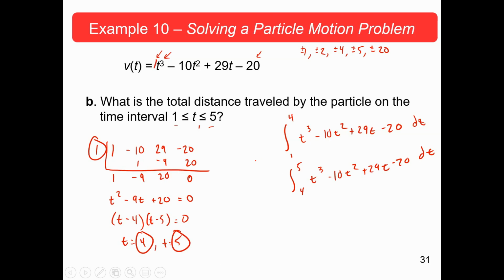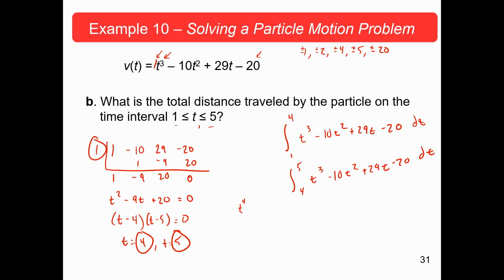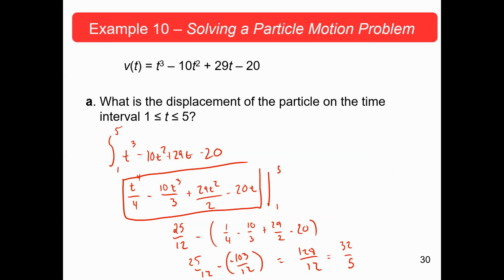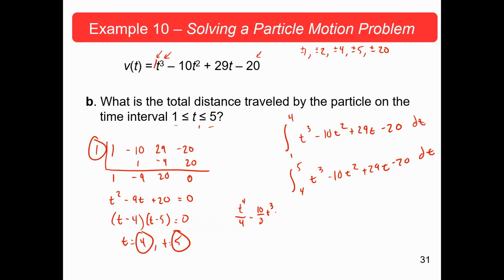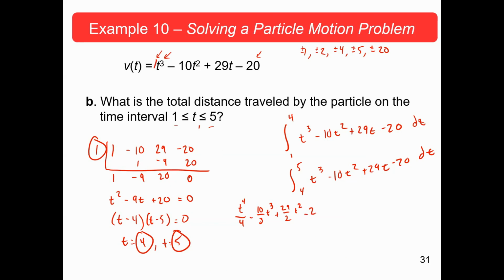So I'm going to rewrite that. T to the 4th over 4 minus 10/3 t cubed plus 29 halves t squared minus 20t. And I'm going to evaluate that from 1 to 4.